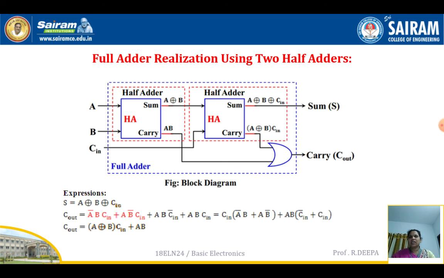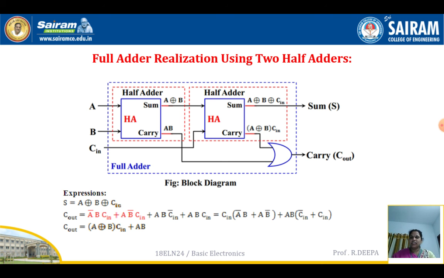This, along with another input C in, is given as an input for the second half adder, to obtain the final output sum S equal to A exclusive or B exclusive or C in, and for the carry it is C out. The carry can be implemented by adding AB and the other carry using the OR gate. We get the diagram for C out.